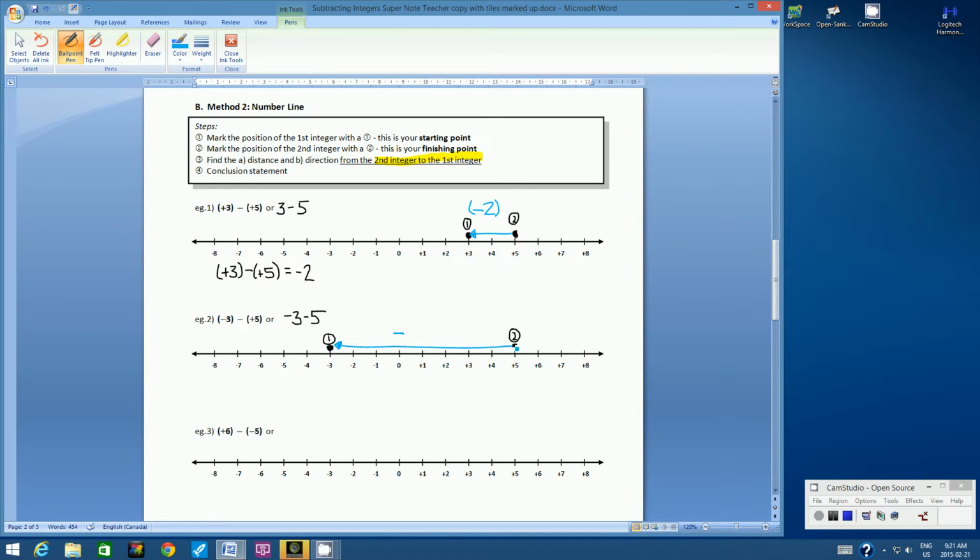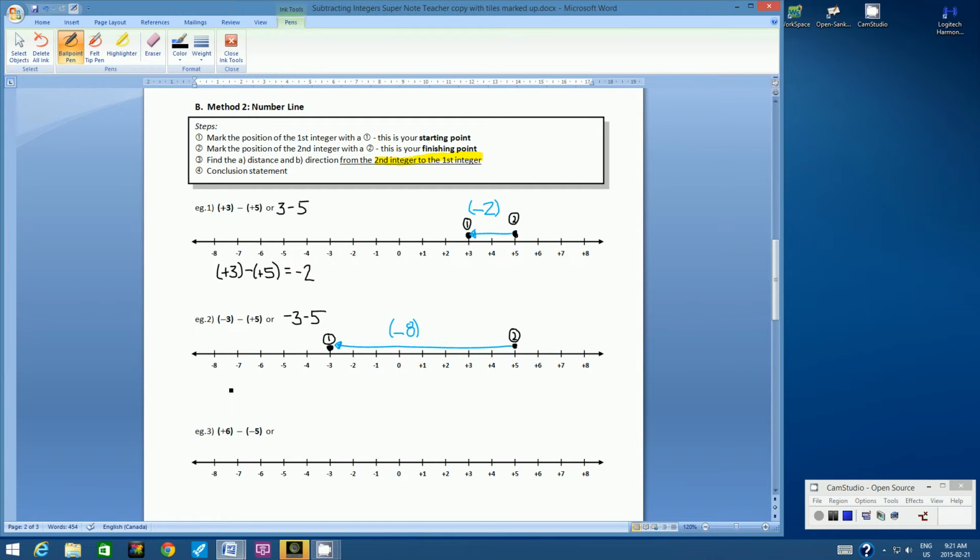How many spots did I move? Well, let's count it out with hops. 1, 2, 3, 4, 5, 6, 7, 8. I got 8. Did you get 8? Okay, let's recheck. 1, 2, 3, 4, 5, 6, 7, 8. Yes, okay, so that's my integer answer. Make sure you put your integer answer over your arrow.